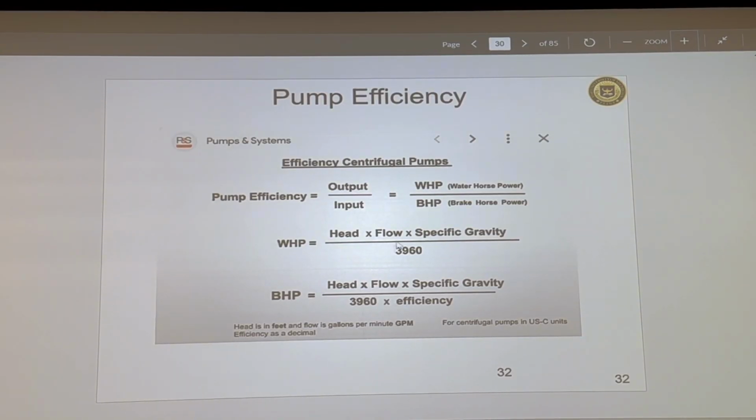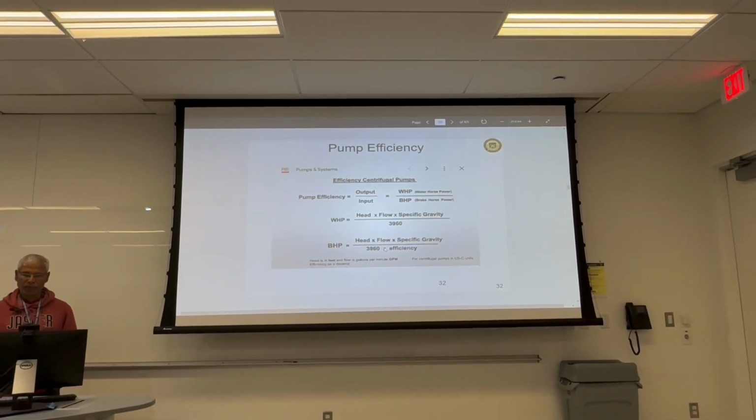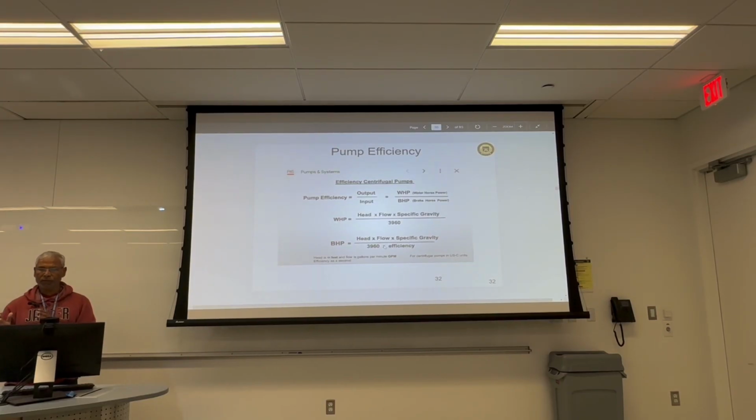So if you know the pump efficiency and the water horsepower, you can calculate the brake horsepower. So that is the relationship. But what is important for you to know is pump efficiency is output over input, that is water horsepower over brake horsepower.